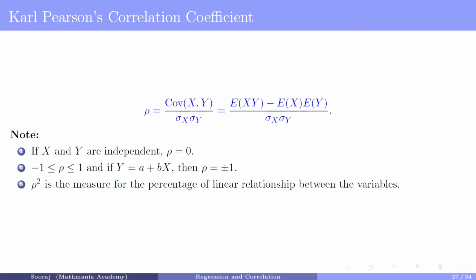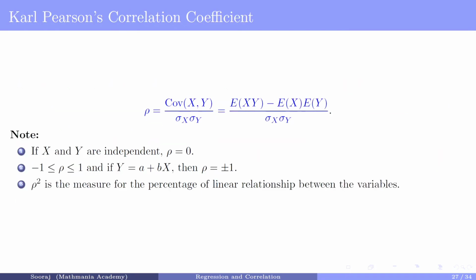Note that this correlation coefficient should lie between -1 and 1. Rho equal to either -1 or +1 means the dependence is linear. And rho square is the measure for the percentage of linear relationship between the variables.